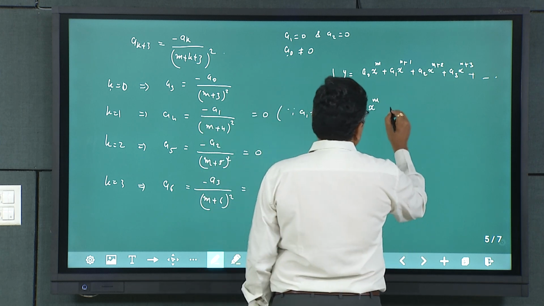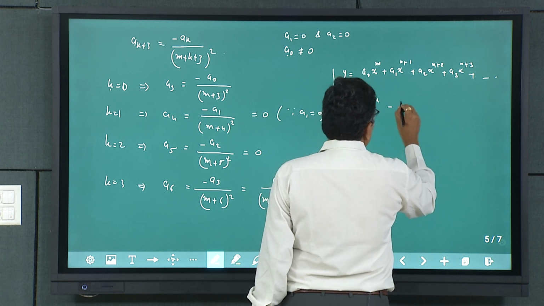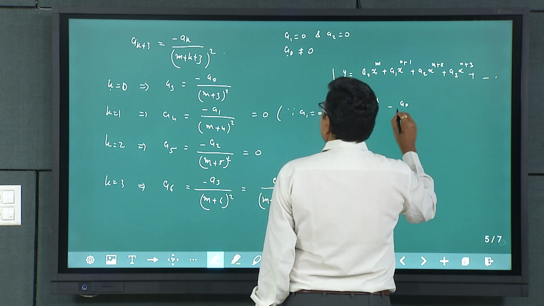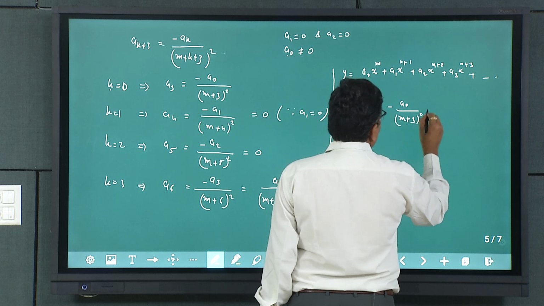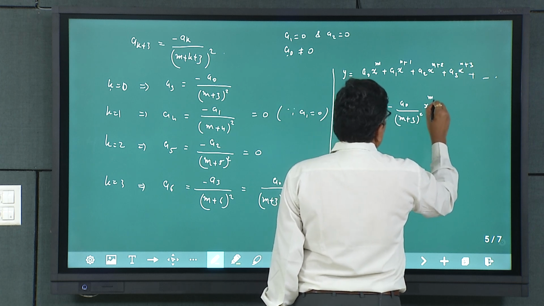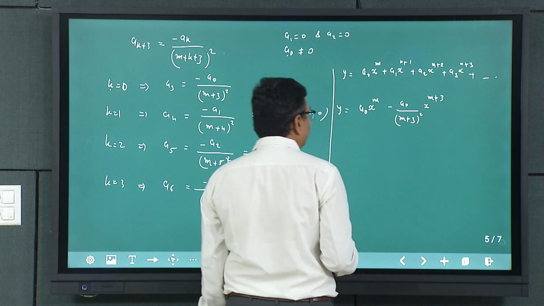So a3 is minus a0 upon (m+3) whole square into x raised to m+3, right.